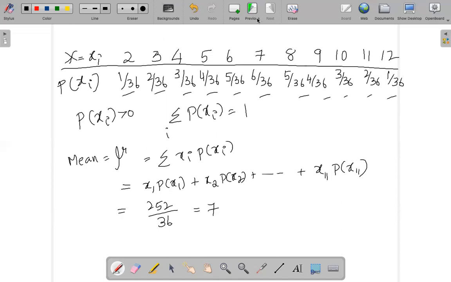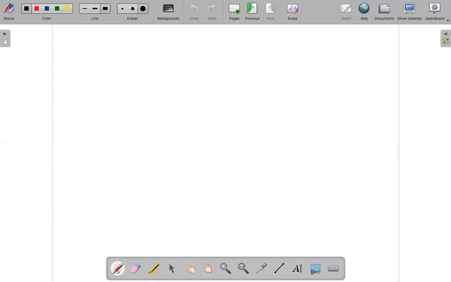Okay. So let us find the variance. So variance, which is V, is summation of (xi minus mu) whole square into P of xi.